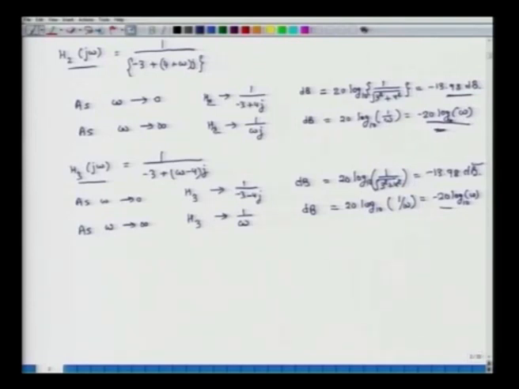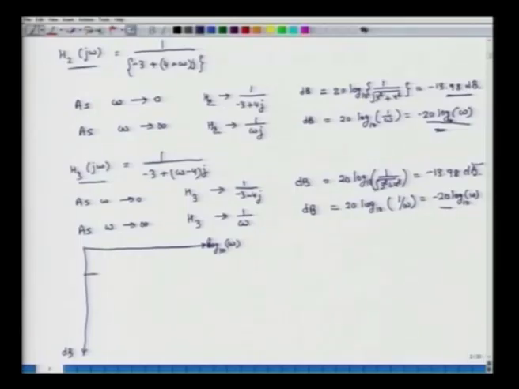So, if I have to construct a Bode magnitude plot for H2, on the horizontal axis I am going to plot log of omega, on the vertical axis I am going to plot in decibels.